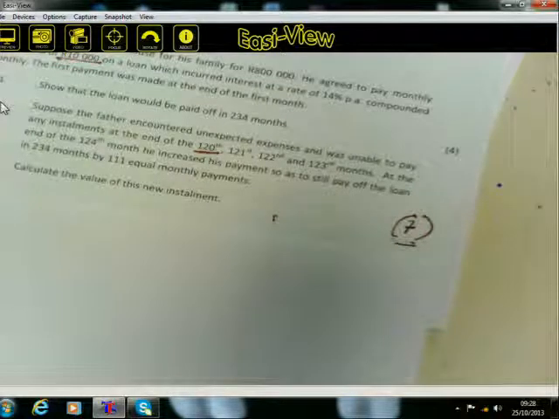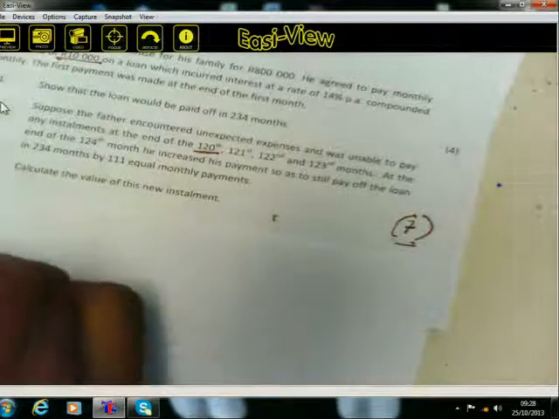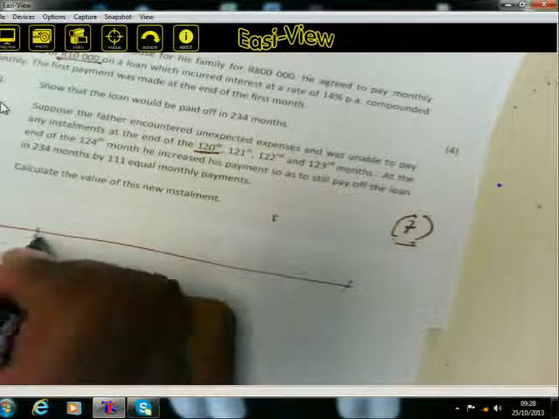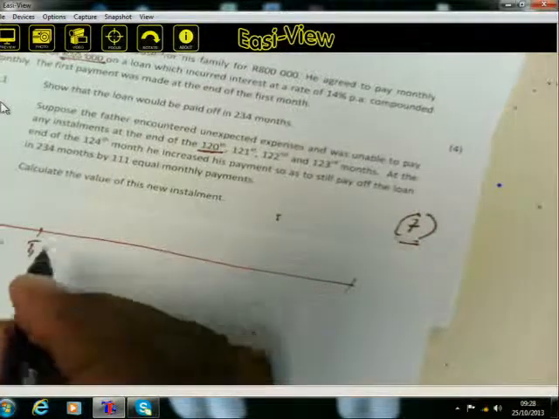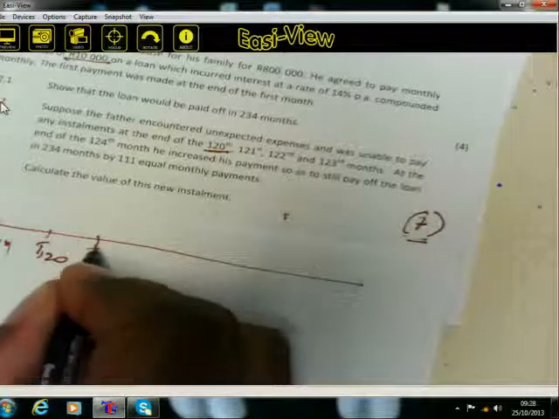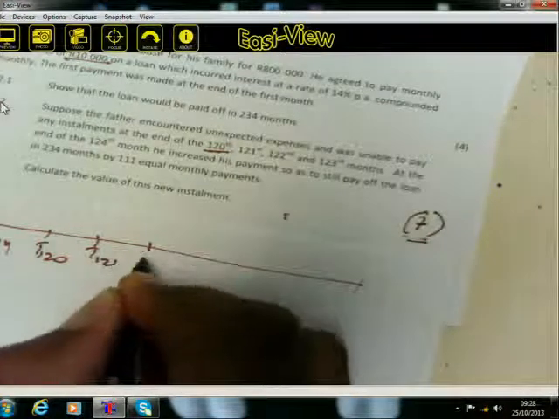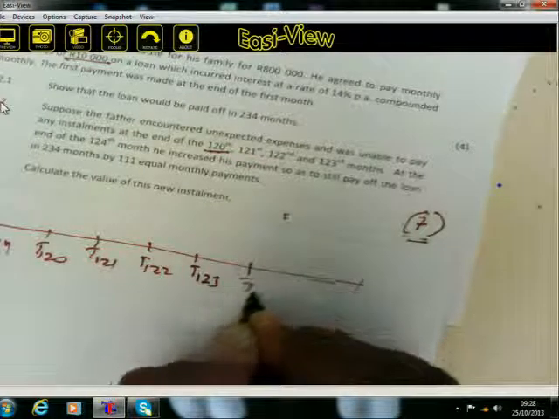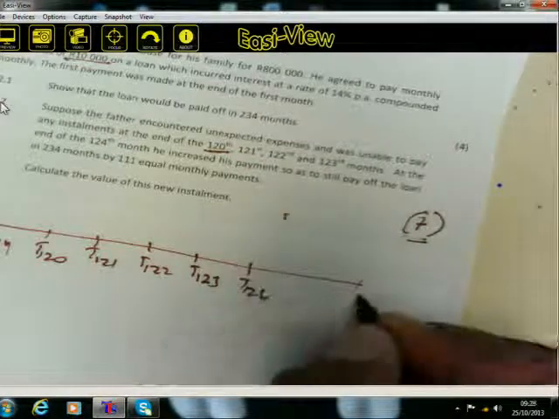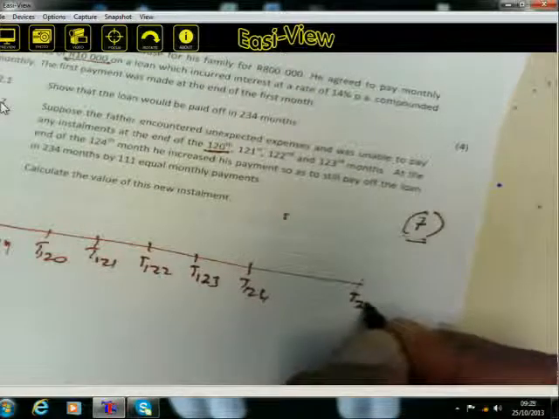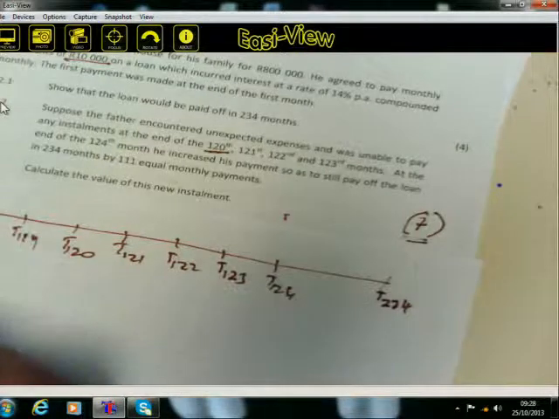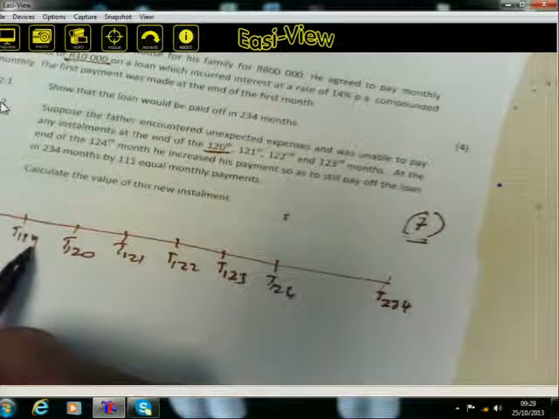We agree that the last payment was at, I'll use a timeline here so that at least we can understand each other, right? Of course, I can say this will be T119, and then this will be T120, and then T121, and then T122, T123, and then T124. Of course, the last one should be T234. Right now, the father did the payment up to T119.